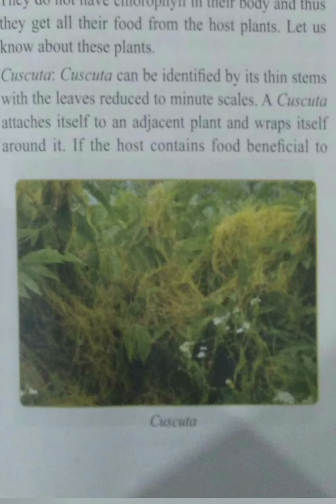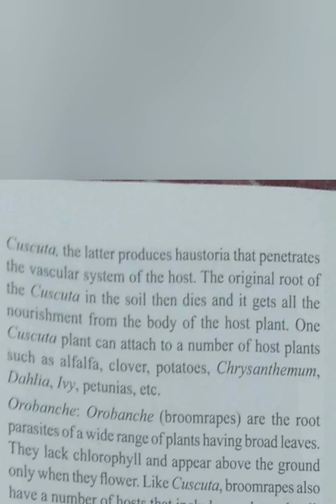The original root of the Cuscuta in the soil then dies and it gets all of the nourishment from the body of the host plant. One Cuscuta plant can attach to a number of host plants such as alfalfa, clover, potatoes, chrysanthemum, dahlia, ivy, petunia, etc.